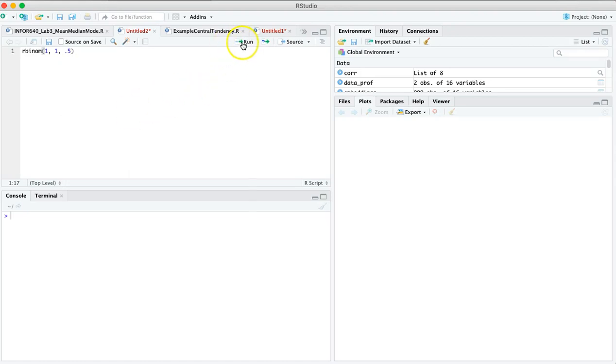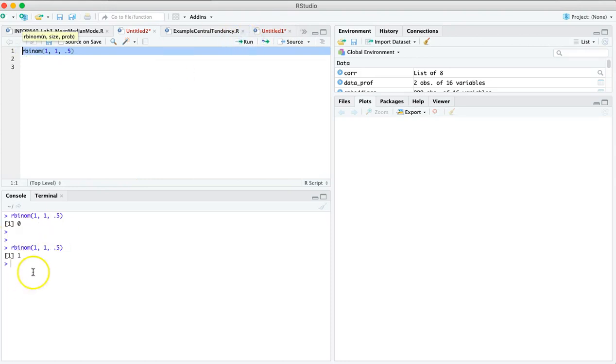Go ahead and run that line of code, and this coin came up tails. Let's run it again. Gotta highlight it now. Run it again. That coin came up heads. So we could keep doing this all day, but we would probably get really bored. So let's go for a more efficient way of doing this.